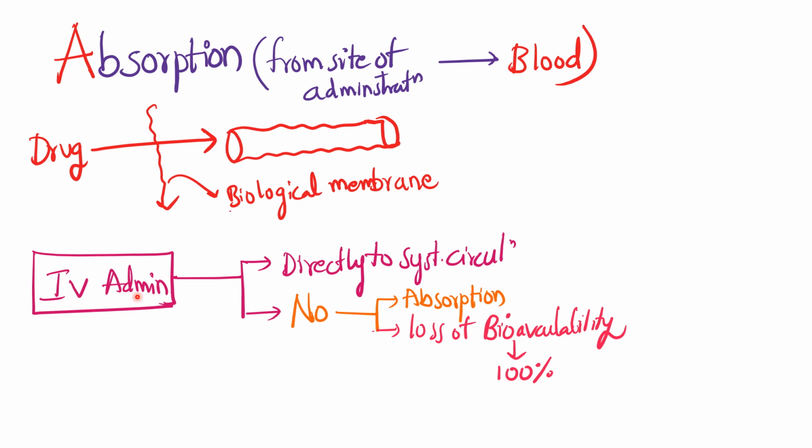When a drug is given IV, it directly enters the systemic circulation. Then we can say there is no absorption. Why? Because it is not crossing a biological membrane. Since it is not crossing a biological membrane, there is no absorption and no loss of bioavailability. The bioavailability of the drug is 100%.